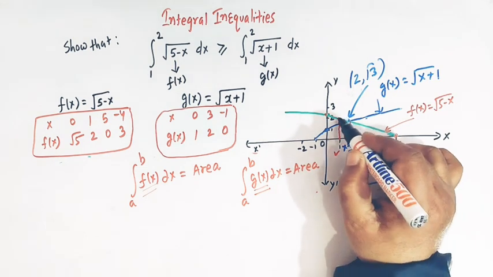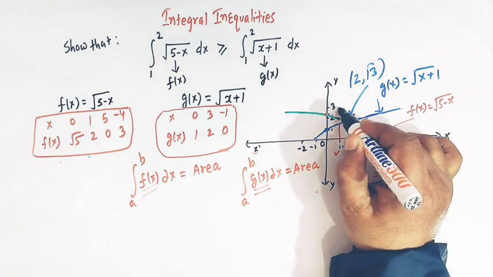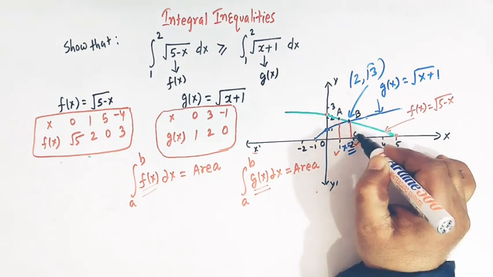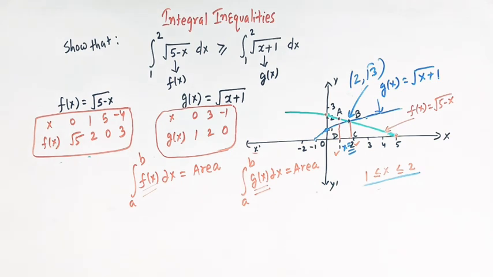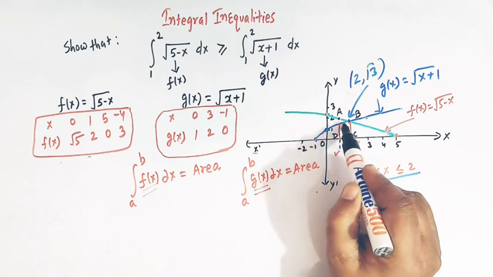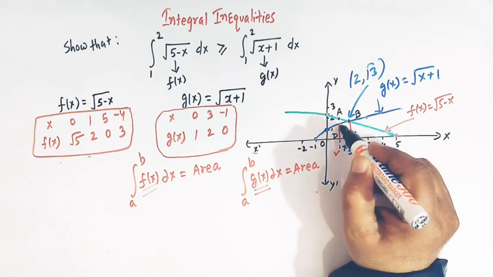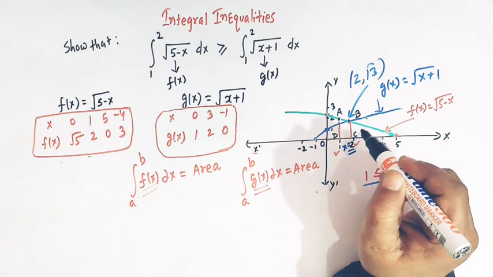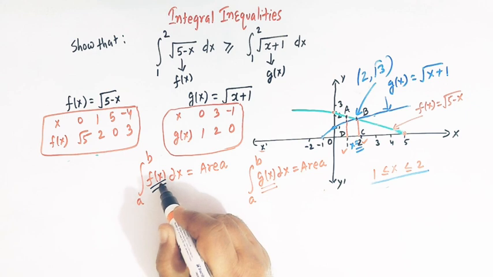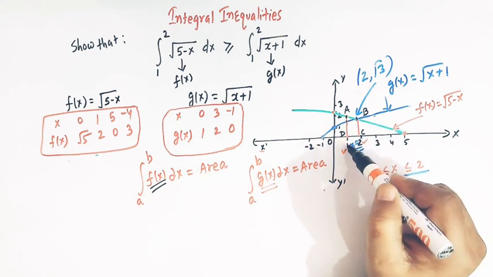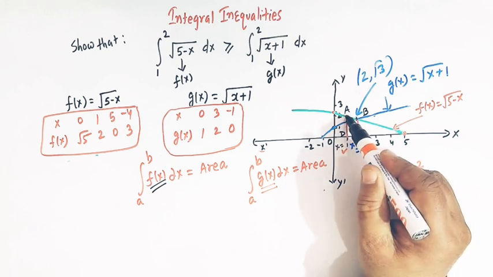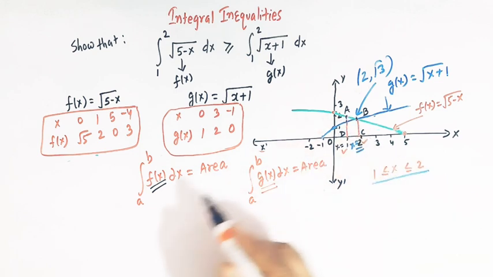Now see, here we have this point, so let us denote this point by A, this point by B, this point by C, and this point by D, right? Since the green curve lies above the blue curve, we can extend this line up to A. So now the area bounded by this function f of x from x equal to 1 to x equal to 2 is given by A, B, C, D, A, right?